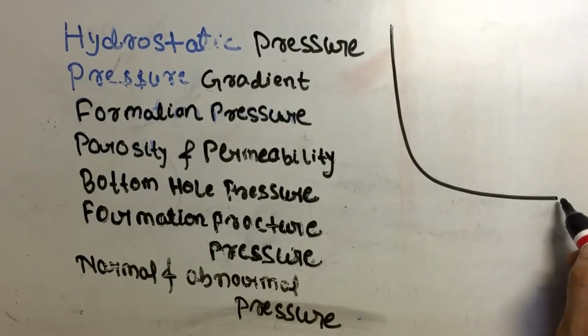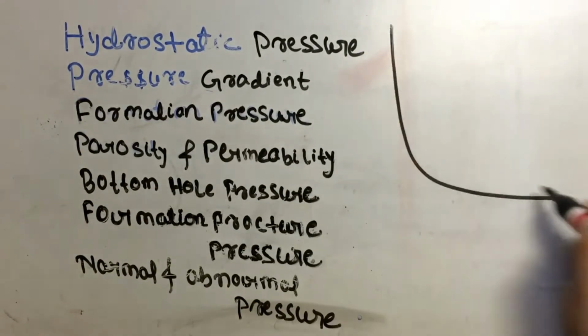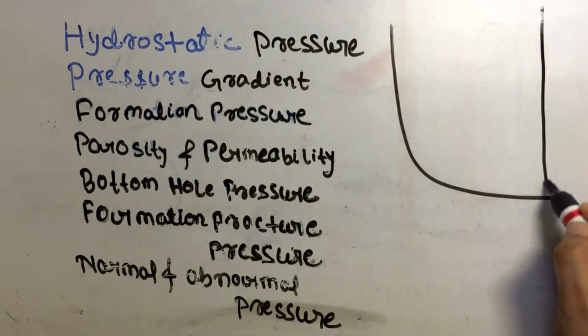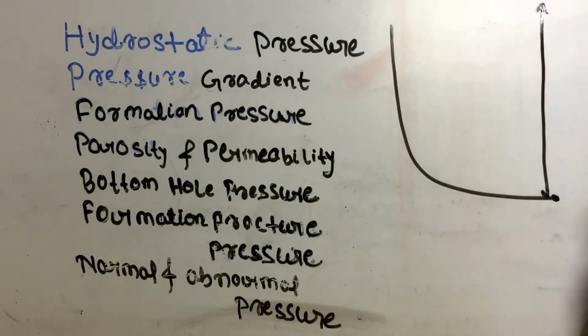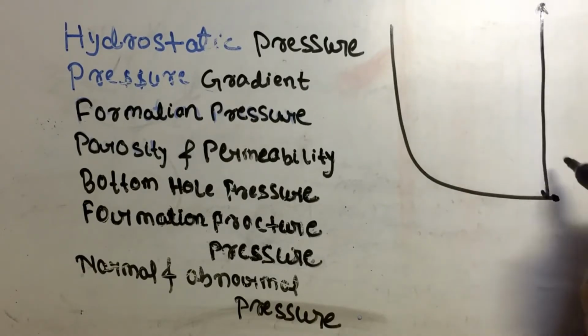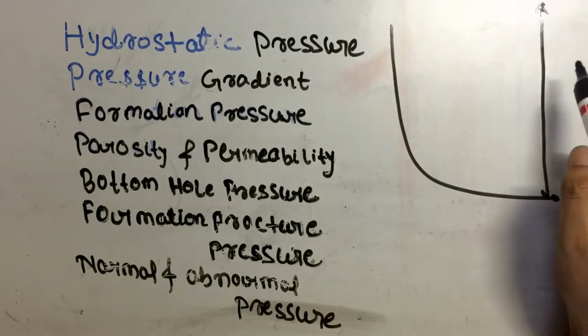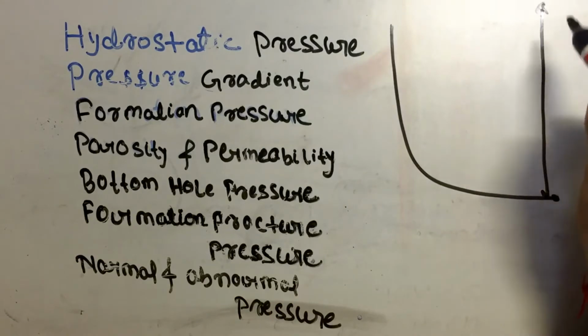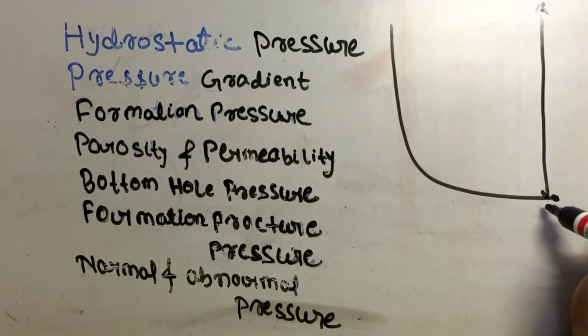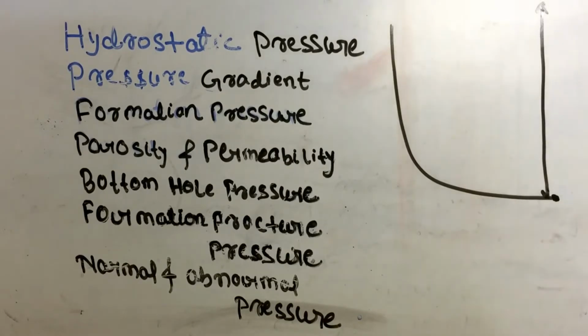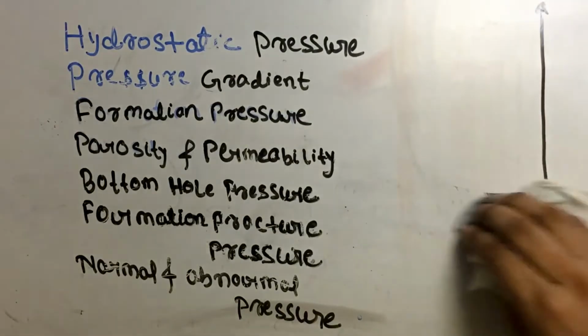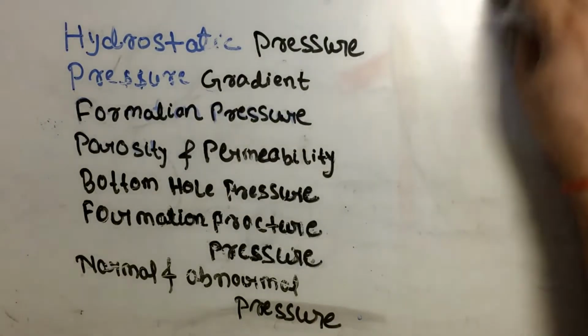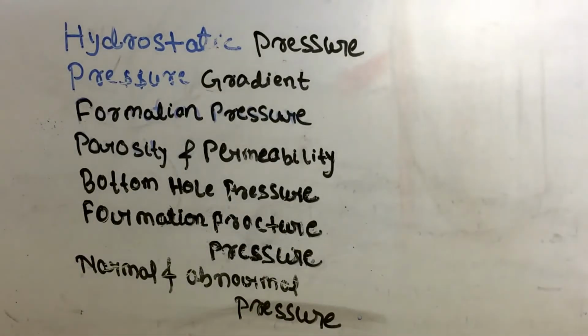Suppose this is a deviated well and this is the measured depth, but TVD will be this. So TVD will always be less than the measured depth, and to calculate hydrostatic pressure you need to put the vertical depth. Using this formula, you can easily calculate the hydrostatic pressure.